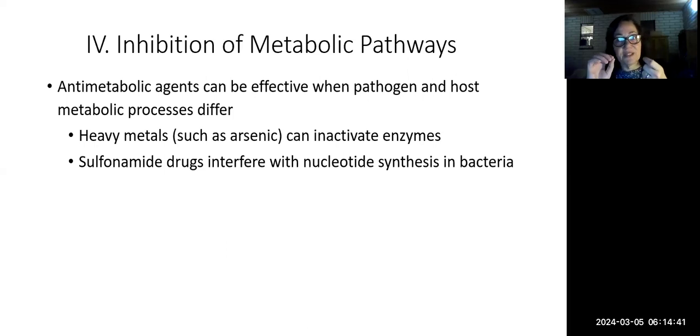It had to be titrated very carefully to fight off the infection without killing the host. But there are other drugs that aren't quite so dangerous for our cells that still have an effect on the cells of the bacterium.